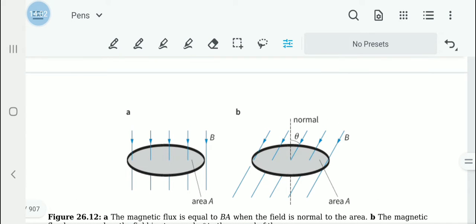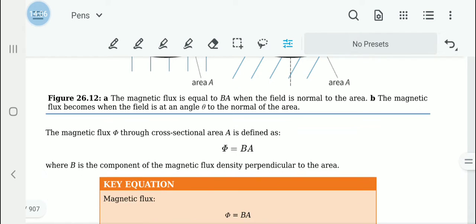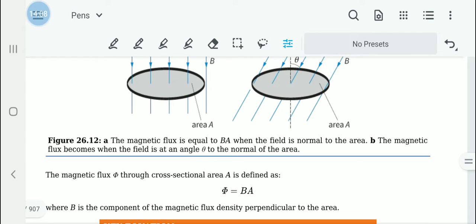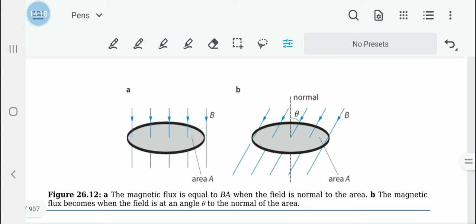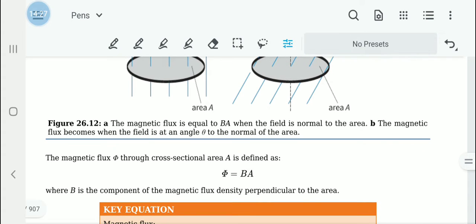So please draw this diagram and then write: if theta, within brackets write theta is the angle between normal and the field line, close brackets, and write if theta is 0, then magnetic flux phi equals BA.